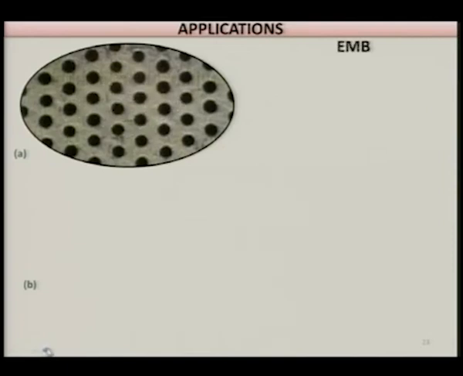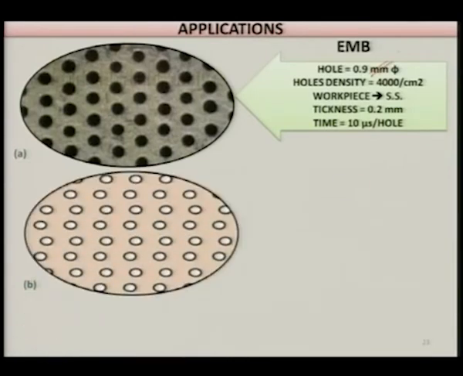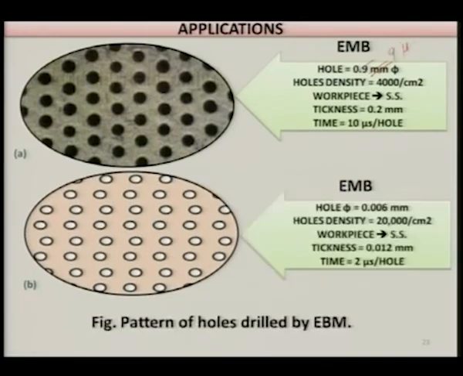Now you see here is a part of the workpiece where holes have been drilled, and on the right side the hole diameter is, this is wrong, please correct, this is 0.9, this is really 9 micrometer, and the hole density is 4000 holes per square centimeter.